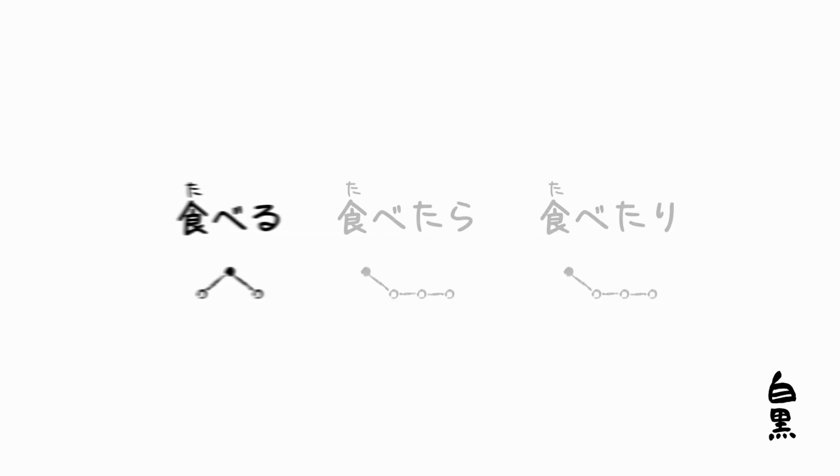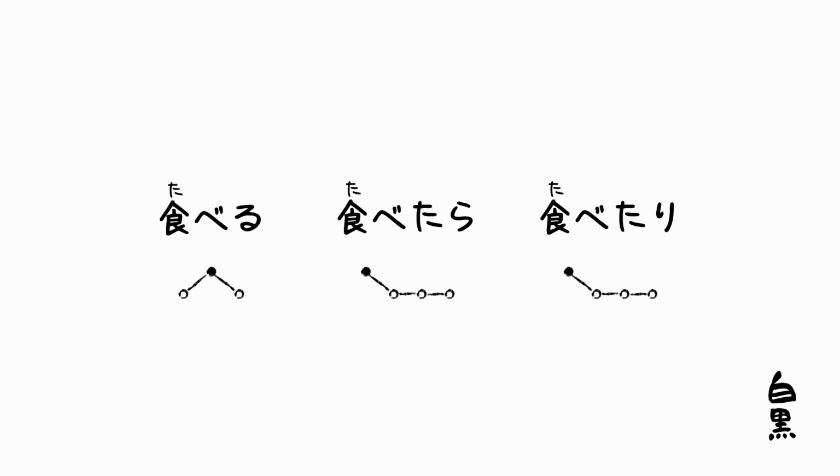But when attaching to a nucleus-bearing verb, although most nucleus-bearing follower-dependent words maintain their own accent nucleus, these two do not. In other words, they are pronounced low and flat. For example, 食べる becomes 食べたら and 食べたり.